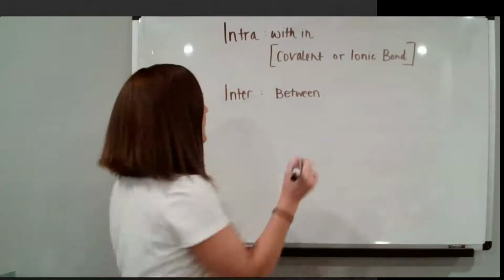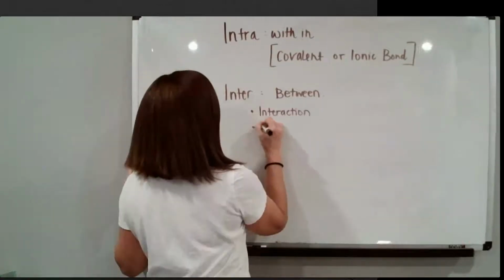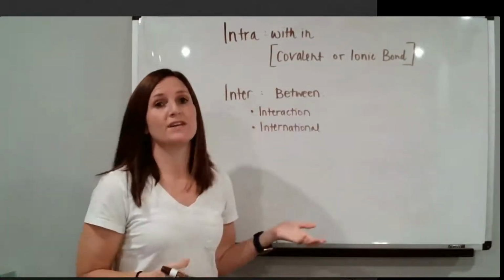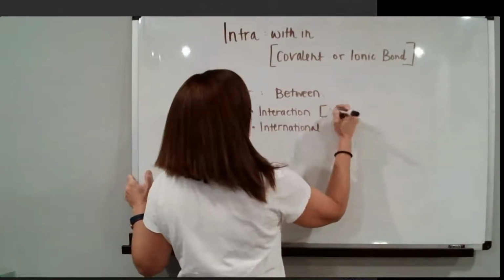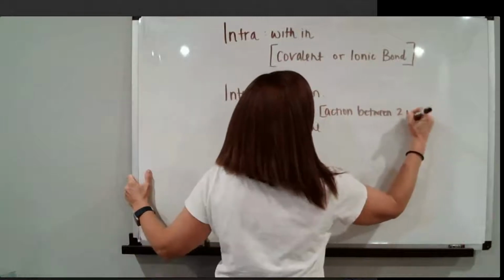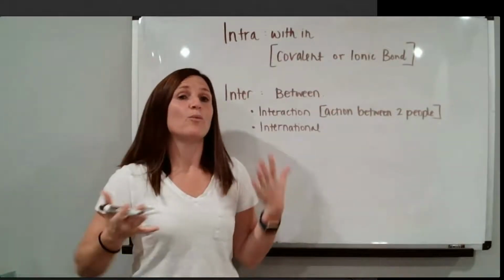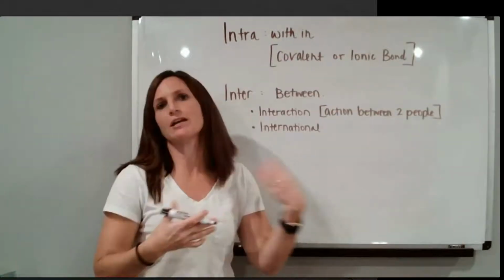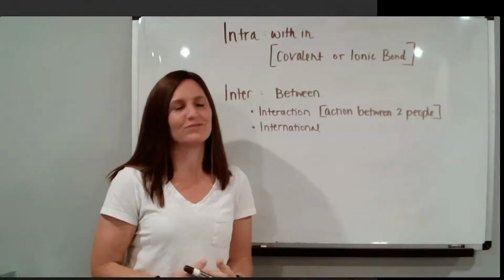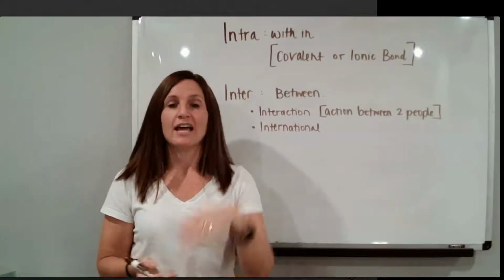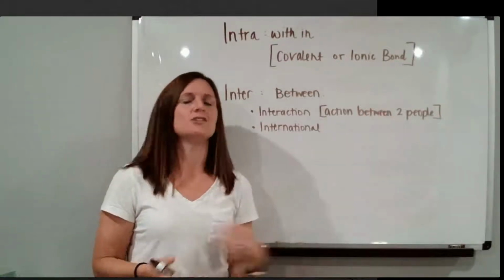Think of terms like interaction or international. Maybe you're thinking of another word, but an interaction is between, an action between two people. During COVID time, we are missing interaction because we're not seeing any other people. You can't interact if you're by yourself. International is a flight that goes between two countries.